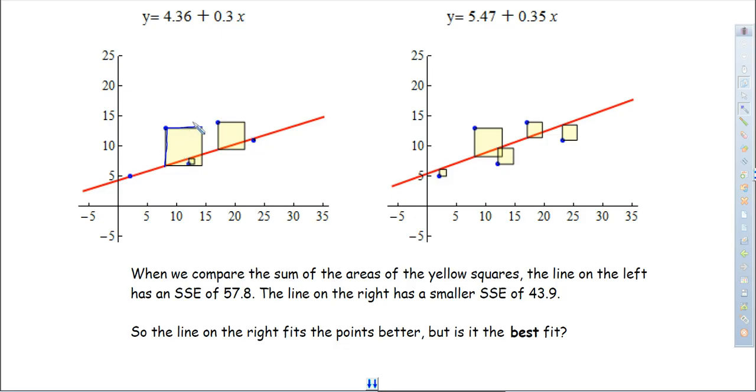So we're going to square all these errors, and this would be a visual representation for that. And this is what will give us what we call the SSE. SSE stands for the sum of the squared errors.